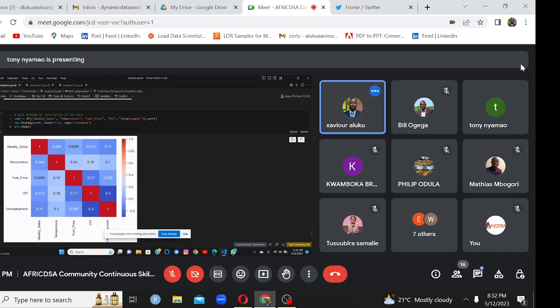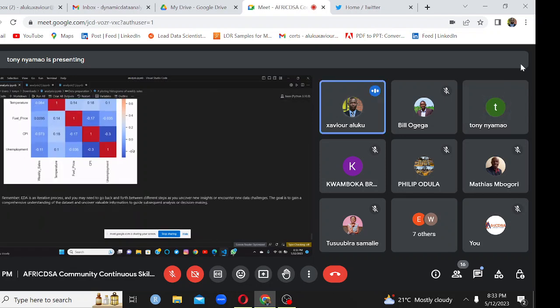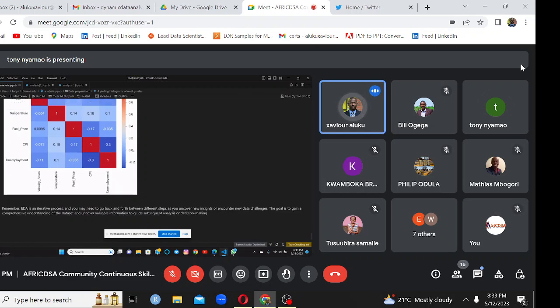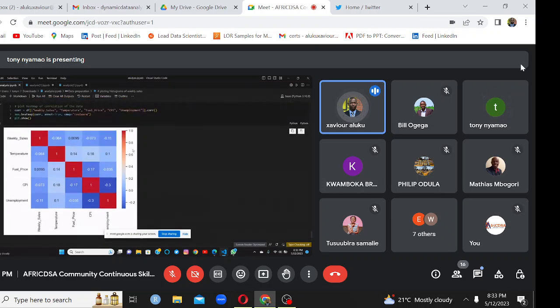Okay. Is there anything, Tony, remaining? No, I think we're done. Okay. That was it. So maybe we'll share the notebook in the group, but at the same time, we will be requesting other guys to take us through the remaining parts of the project, because the end goal was not EDA, but to come up with a final model and even to do the deployment and so on.